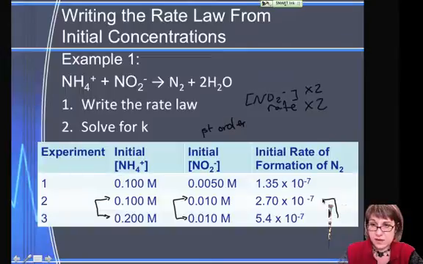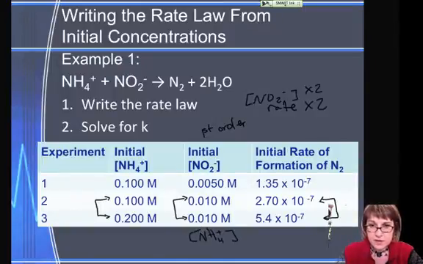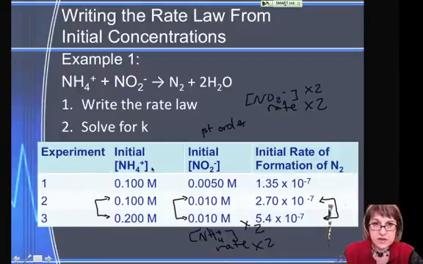As you see, the rate went from 2.7 times 10 to the minus 7 to 5.4 times 10 to the minus 7. So when the concentration of the ammonium was doubled, then the rate also got doubled. So this is a rate that is also first order with respect to the ammonium.